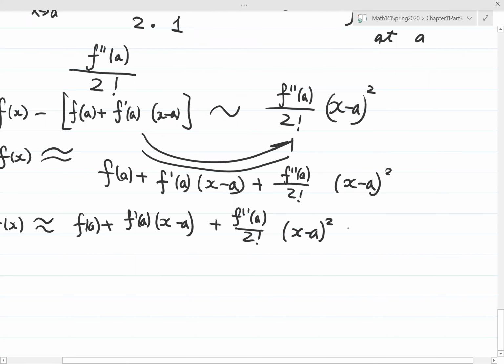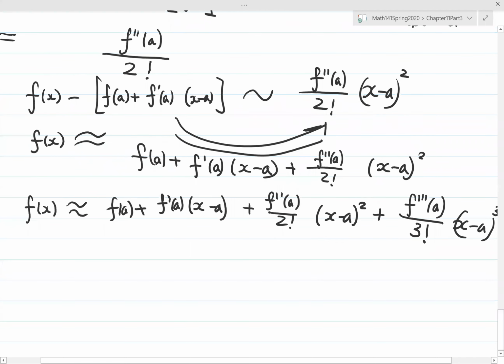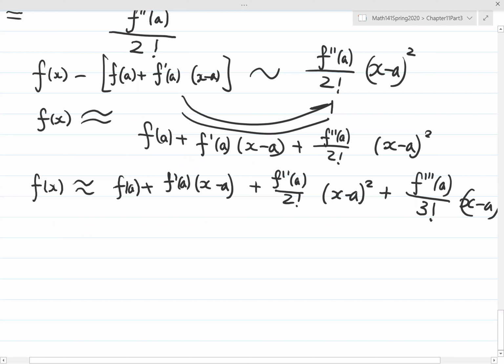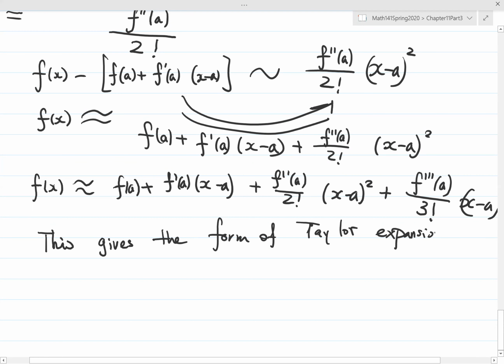Now if you write one more, f'''(a) over 3 factorial (x minus a) cubed, etc. So this gives the form of Taylor expansion without error terms.